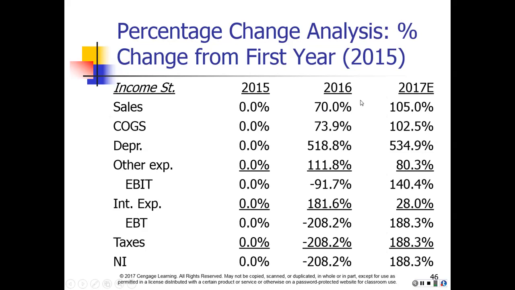Likewise, growth from 2016 to 2017 is 105%. So we're looking at a massive improvement in sales. Of course, as sales go up, costs will also grow. In 2016, costs grew much more than sales, but in 2017, costs will grow less than sales. So we've got a little bit of cost control issues being taken care of.